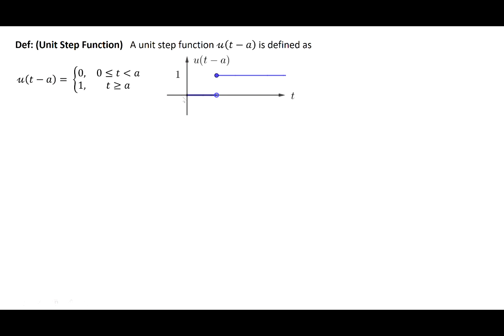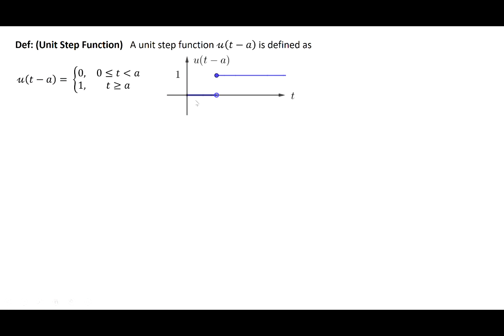Cool. So of course, all our functions in Laplace transforms, we already said, will be defined for t greater than or equal to 0, right? So we have 0 to some a. I should have written an a here. 0 to a, and at a it jumps up.